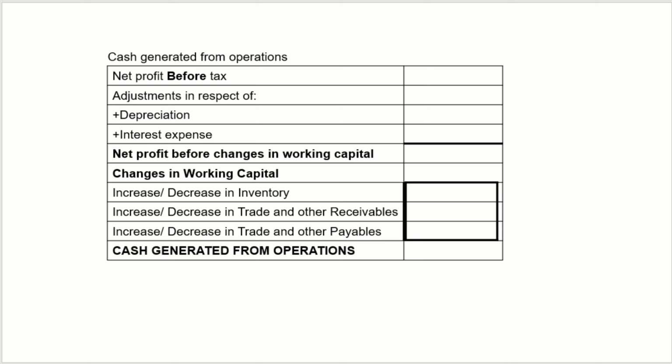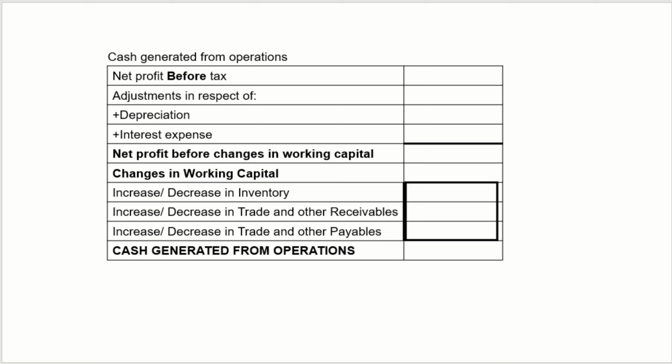All right. Then we're going to add back the depreciation and also the interest expense to the net profit before tax to get our net profit before changes in working capital. So after the net profit before changes in working capital, obviously we're going to have the changes in working capital.